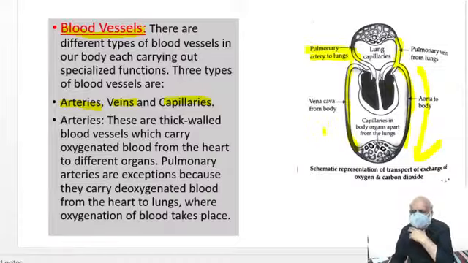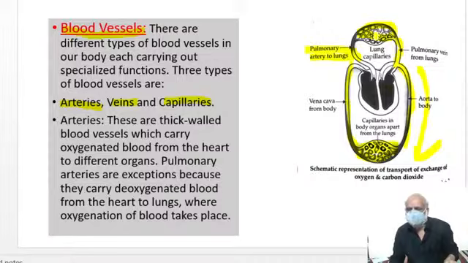It opens only one side. The third one is capillaries, which are one cell walled system and collect and diffuse different substances to the organs or from the organ.